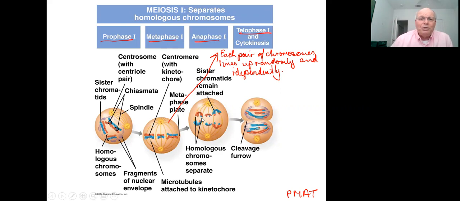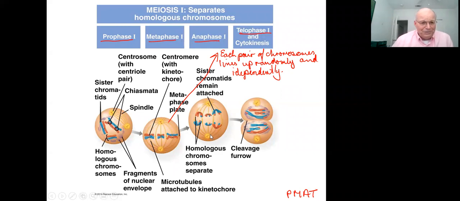So the synaptonemal complexes, the chiasmata, break and allow the individual chromosomes, the individual members of the pairs, to migrate to opposite ends of the spindle. So one member of each pair goes in this direction, one member of each pair goes in this direction. So we have one member of each pair arriving at each end of the spindle.